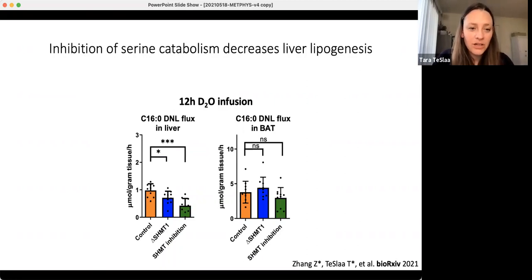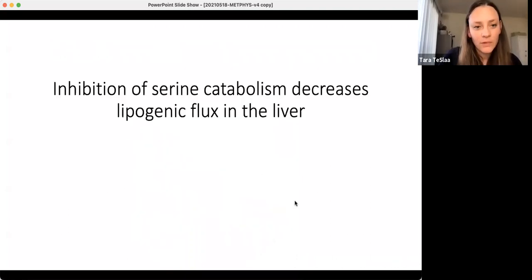And so when we measured lipogenic flux, we found that when we inhibited serine catabolism, either by knocking out SHMT1 or with an inhibitor, lipogenic flux decreased in the liver. But when we looked at brown adipose tissue, there was no significant difference. So this was great. Inhibition of serine catabolism decreases lipogenic flux in the liver.